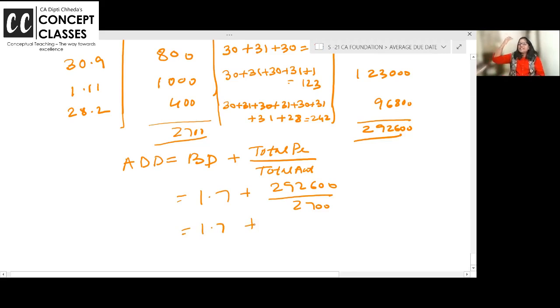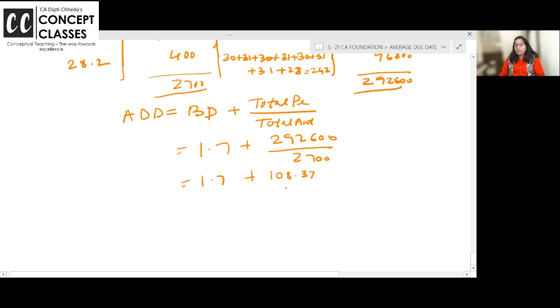See, the partner has withdrawn on various dates. So can we take any one of the date as the base date? So 1st July to 108.37, 109 days. 109 days from the 1st July.